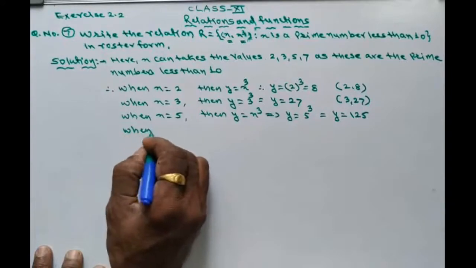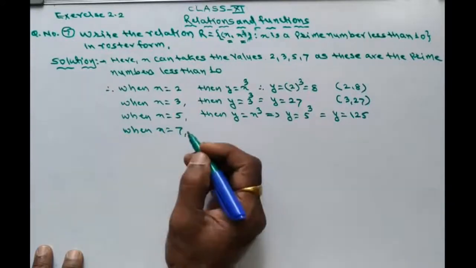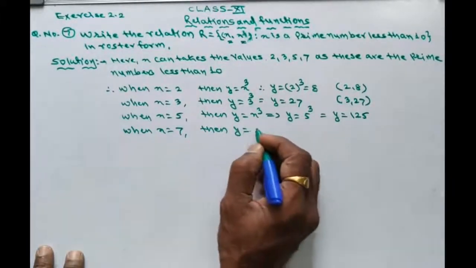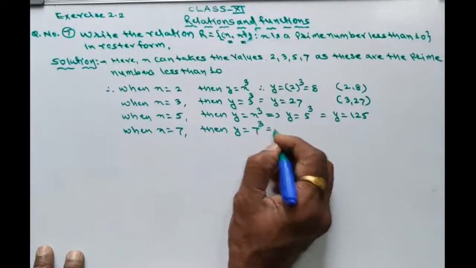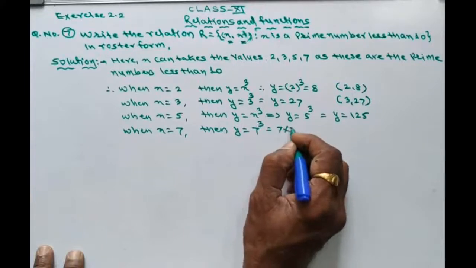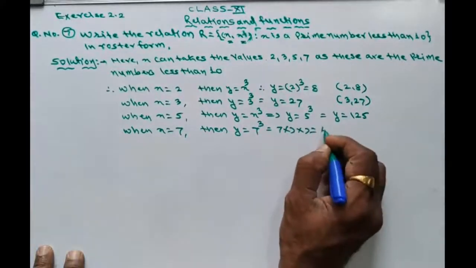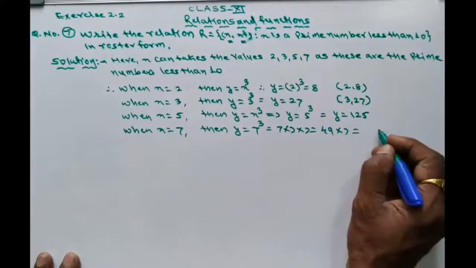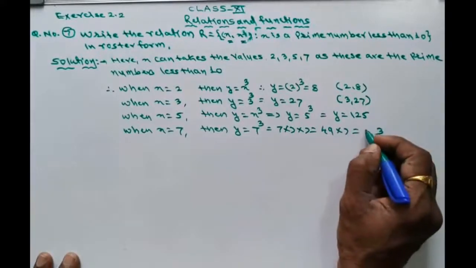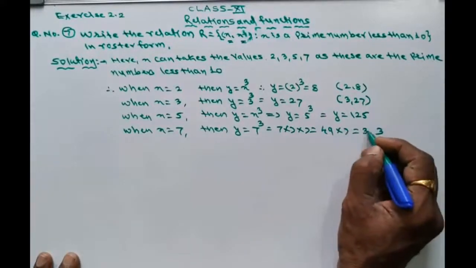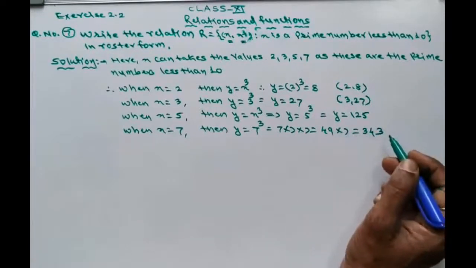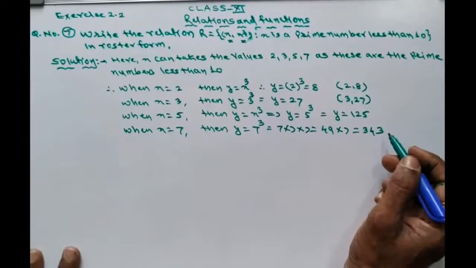Similarly, when x equal to 7, prime number, then y equal to 7 cube. 7 cube means 7 into 7 into 7, that is 49 into 7, that is 343. Right?